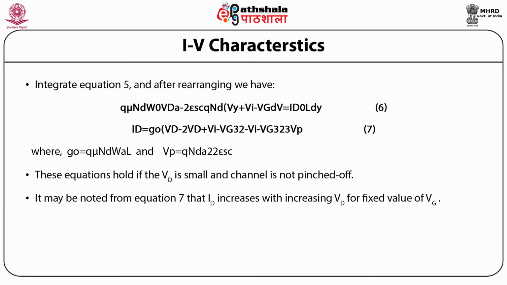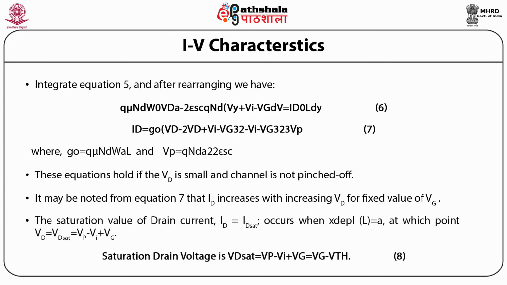It may be noted from the above equation that Id increases with increasing Vd for a fixed value of Vg. So the saturation value of the drain current, that is Id equal to Id saturation, occurs when X depletion equal to A, at which point VD equal to VD saturation equal to Vp minus Vi plus Vg.